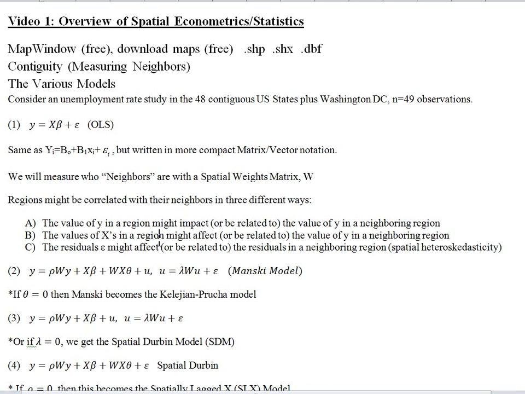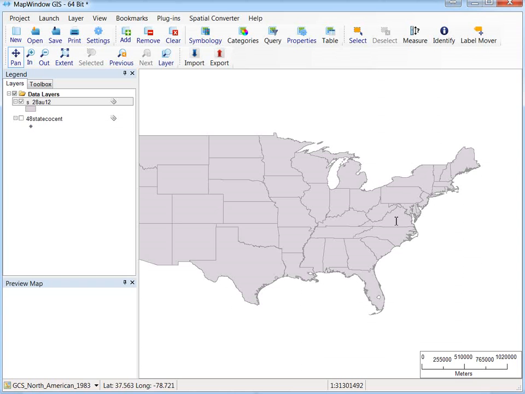It could be that because there are a lot of unemployed people in Virginia looking for jobs, some of those people come looking for jobs in North Carolina. Maybe they move to North Carolina looking for jobs. Well, that's going to increase the unemployment rate in North Carolina if the unemployed people spill over, for example.